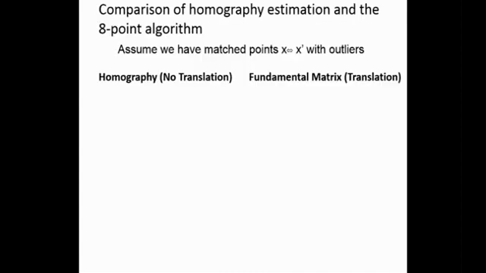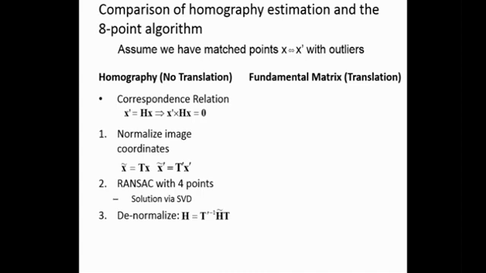I just want to summarize this so far by comparing the homography estimation and the 8-point algorithm. We assume that we have matched points, x matches x prime, with a set of outliers. We're solving for the homography, which has no translation, or the fundamental matrix, which has translation. For the homography, we would establish this correspondence relation, x prime equals Hx, which I could also write as x prime cross Hx equals 0.